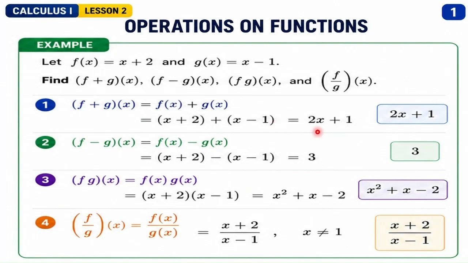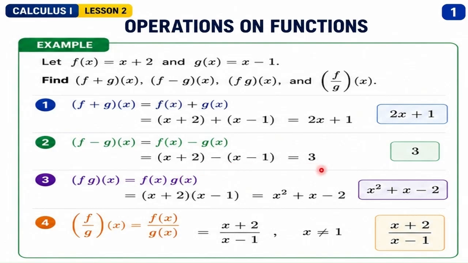Combining like terms gives 2x plus 1. Next, let us calculate f minus g of x. Substituting the two functions, we have x plus 2 minus (x minus 1). Removing the parentheses carefully, we obtain x plus 2 minus x plus 1, which simplifies to 3.